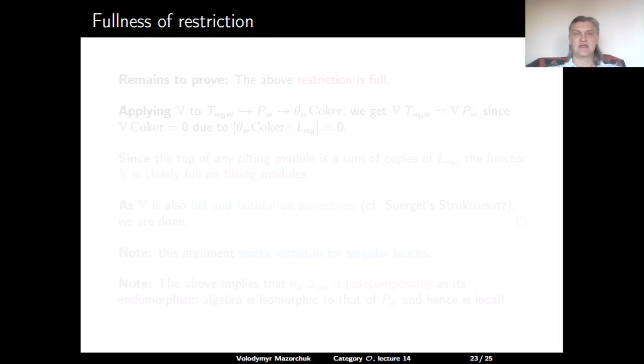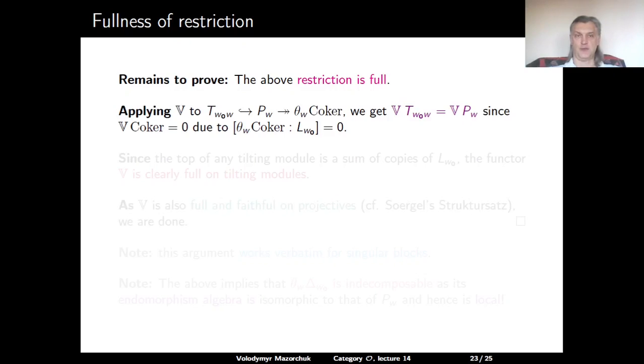So now let's discuss the fullness of the restriction. We just proved that the restriction is well defined and faithful. To prove Soergel's Ringel self-duality result, it remains to prove that this restriction is full. Consider Soergel's combinatorial functor V, and let's apply it to our short exact sequence. Tilting is a submodule of projective, and we have the cokernel.